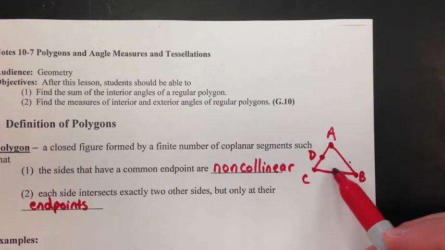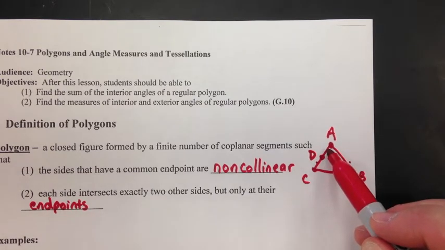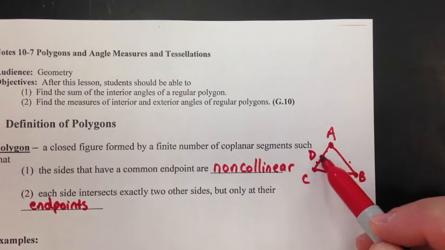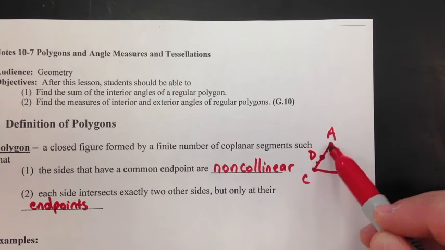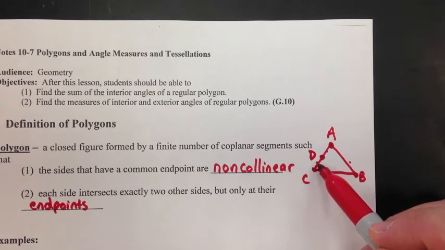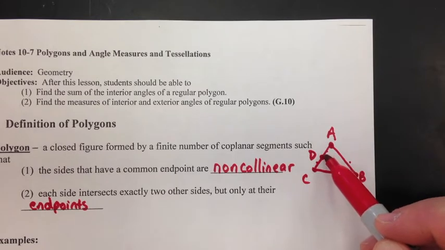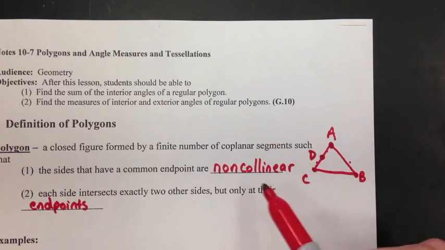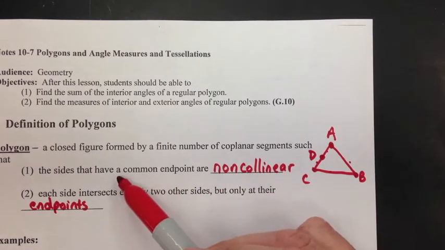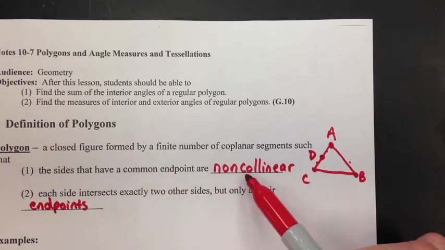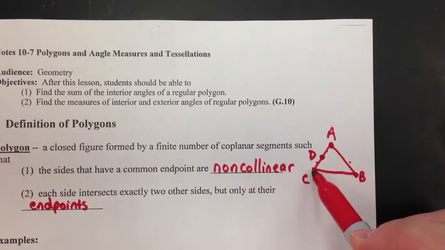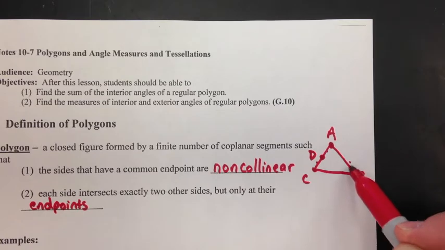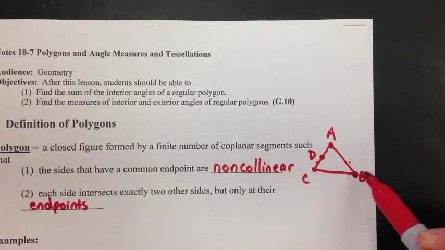Because now I have 1, 2, 3, 4 segments. But because D is on the same line as A and C, they are collinear. That's still one side. This is still a triangle. So the sides that have a common endpoint have to be non-collinear. Like BC and AB, those are different sides. They have the same endpoint, and they're not on the same line.